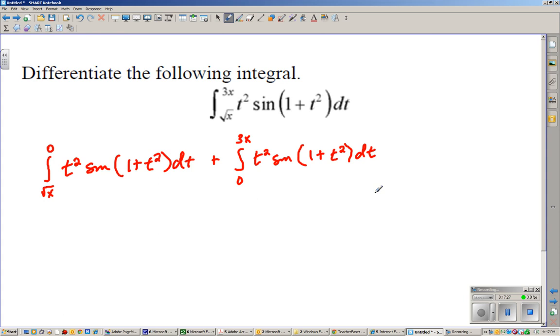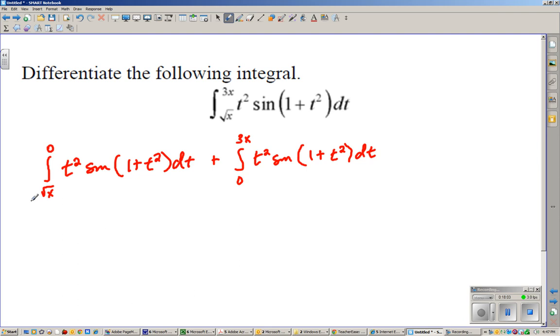It really doesn't matter if 0 is between radical x and 3x. We can just choose any arbitrary number, 0, a negative number, a positive number, any number whatsoever will work, any constant. However, we just need to be mindful of the fact that choosing 0 makes for less work, or is the simplest number to work with.